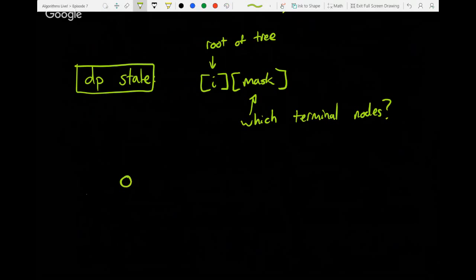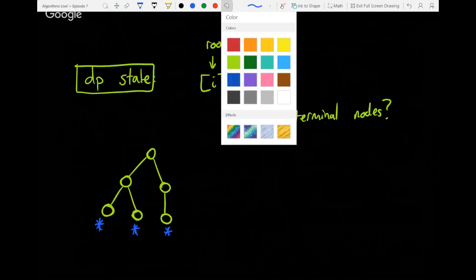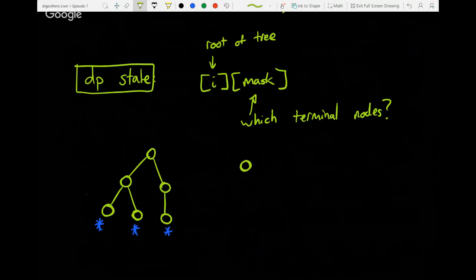So the idea works something like this. What I'll end up having is some rooted tree, some cost, and I've already hooked up some terminal nodes. That's going to be what's stored in my DP state. And then maybe there's some other tree in my graph, and it too also has terminal nodes hooked up.